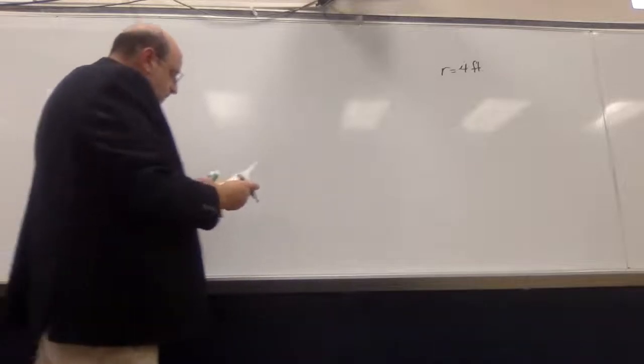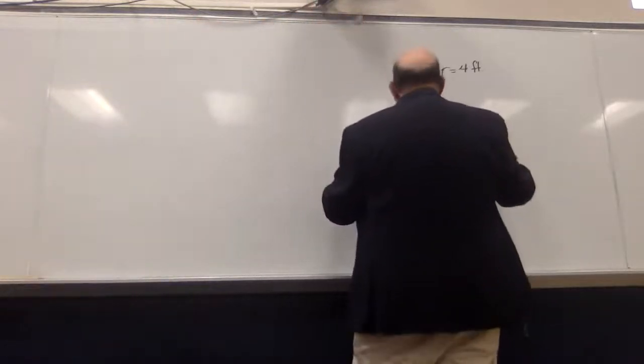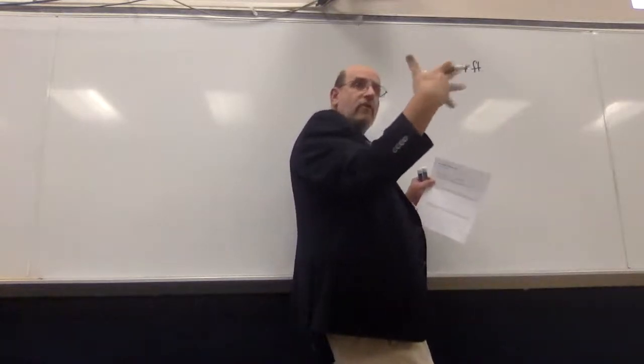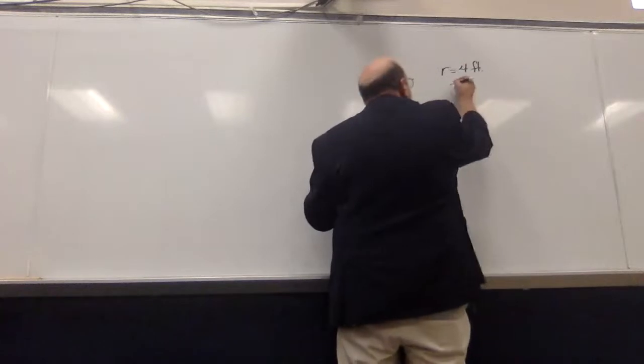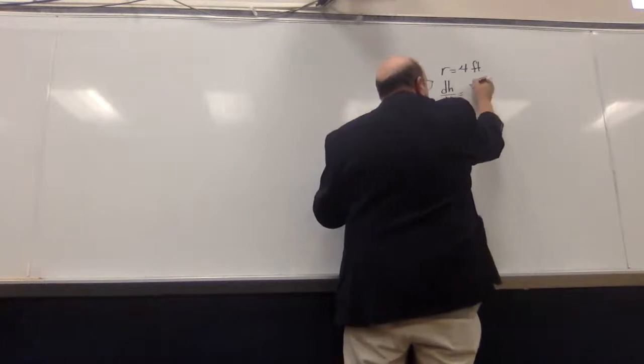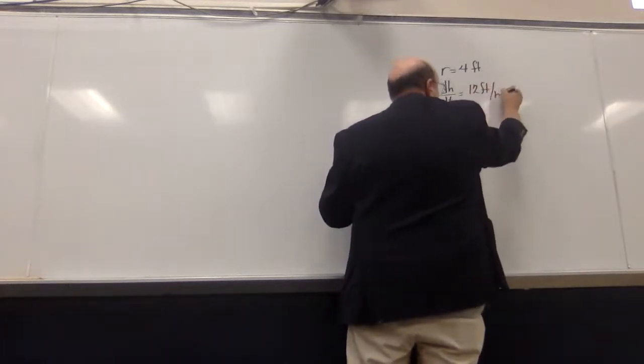If the depth of the well is increased 12 feet an hour, now we're talking about some rate of change. So I'm going to assume the depth is dH/dt, and it's 12 feet per hour.